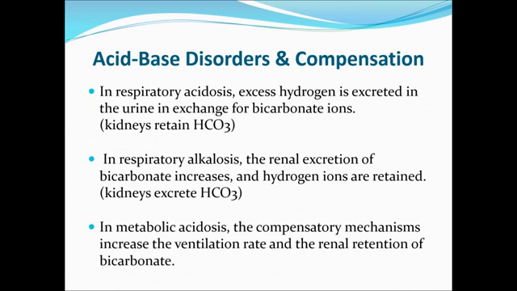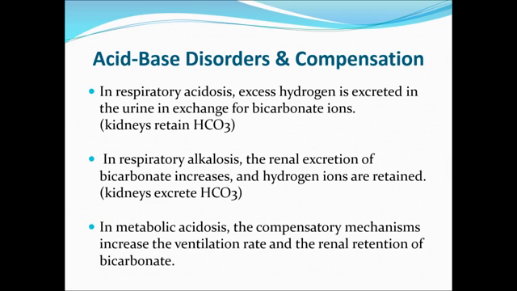When it's a metabolic problem, then the compensation happens through the lungs. So whatever the issue is, whether it's acidosis or alkalosis, the ventilation rate is essentially the compensation piece. So in metabolic acidosis, the ventilation rate will increase. The respiratory rate will increase, the depth will increase because the body is trying to blow off excess CO2.